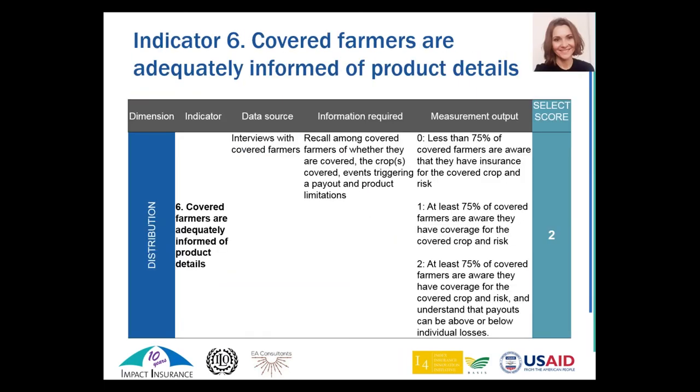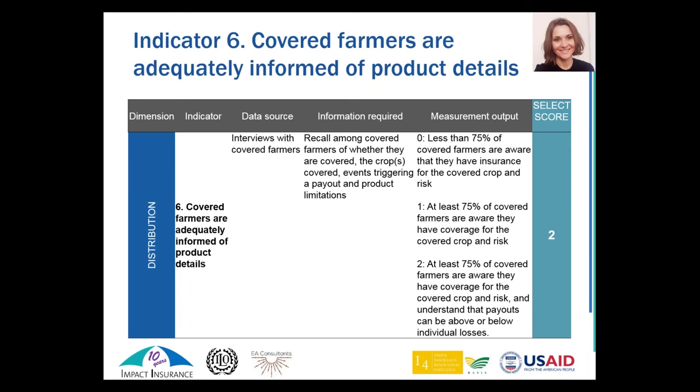We ended up defining minimum information knowledge as knowing that you are covered, basically, and understanding some minimum features of the product. So what we have is knowing what you are covered for, which crop is covered, knowing which event is covered, and having some understanding that there is this basis risk, the risk that in some circumstances you could incur a loss but not get a payout.